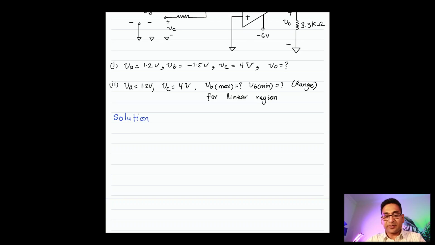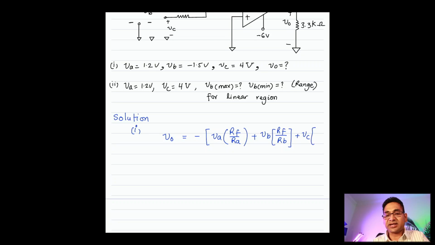The solution is pretty straightforward, at least to the first part of the problem. I'm not going to do a lot of analysis. I'll simply write the expression for V out, VO, which is given by the formula: negative of VA times RF over RA, plus VB times RF over RB, plus VC times RF over RC.